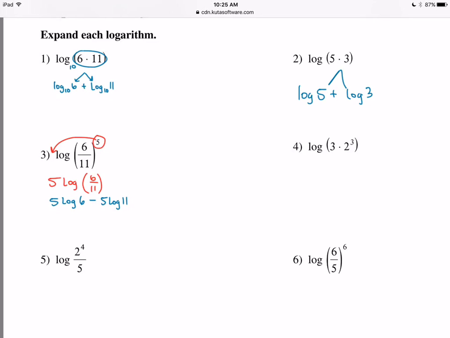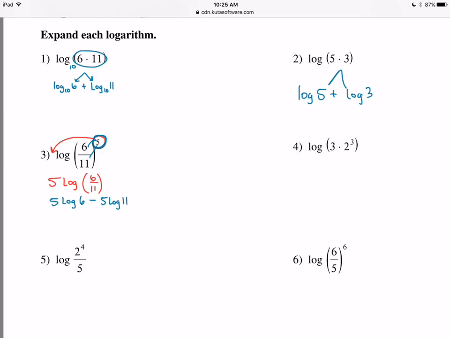The reason I subtracted is because it's 6 divided by 11. Remember, if it's a fraction, it's actually a division problem. And because I'm dividing, I subtract the two logarithms. And notice how the 5 I moved to the very beginning is in front of both, because that exponent would apply to both the 6 and the 11. That's why we write the 5 in front of both logarithms.